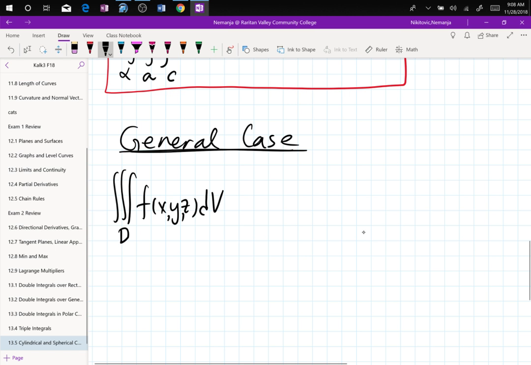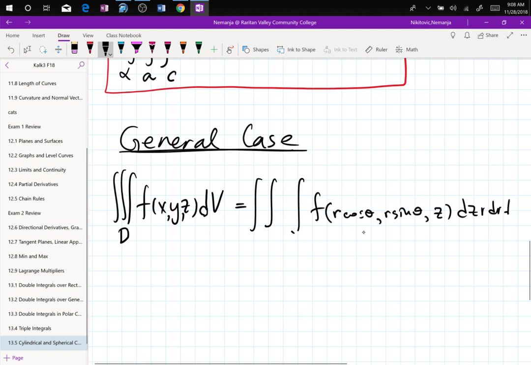So you see dV, you know that's a volume right there, and then times the function here is 4 dimensions. It's given by, and now we need these integrals. I have to convert my f, so x will be r cosine theta, then I have y, r sine theta. z is still z. And I have my string dz, r, dr, d theta. That doesn't change.